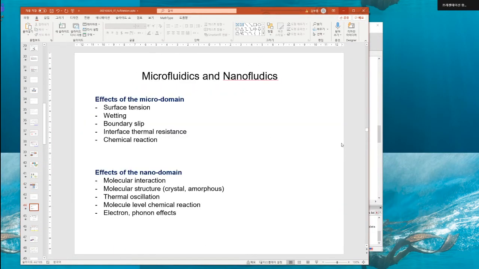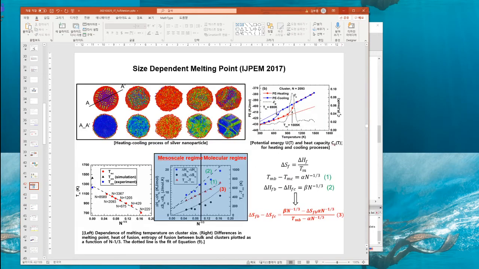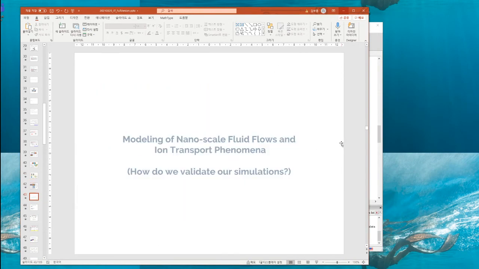Okay. All right, so these are basically heat transfer applications, and now I do liquid simulations too. And the biggest question is, how do we validate our simulation? So the material that we have in a computer and we do this and we do that, how do we know it's real? How do we validate?